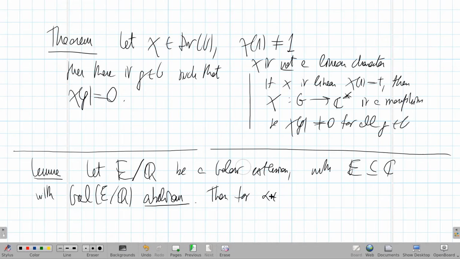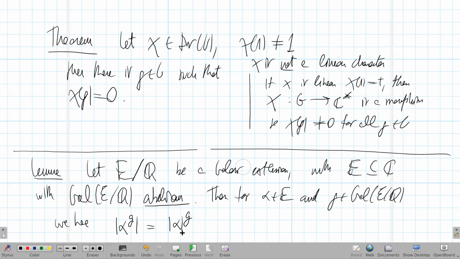for alpha in E and g in the Galois group, we have that the absolute value, the norm in the complex numbers, of alpha to the g, so g is in the Galois group, so it permutes the elements of E, equals the absolute value of alpha, with g taken out.